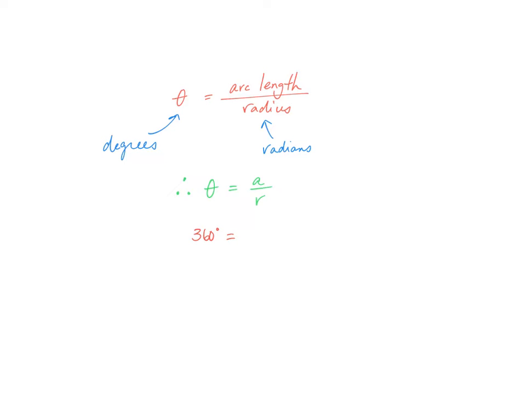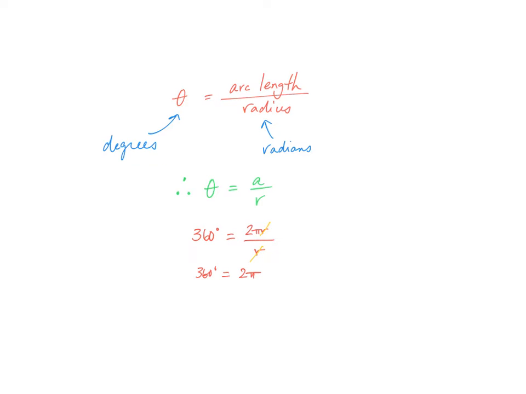As an arc length, if I rotate a full 360, then I have a full circumference. And so my circumference is 2 pi r. If that's compared to the radius, then I can see that my radii will divide out. I then get 360 is equal to 2 pi.